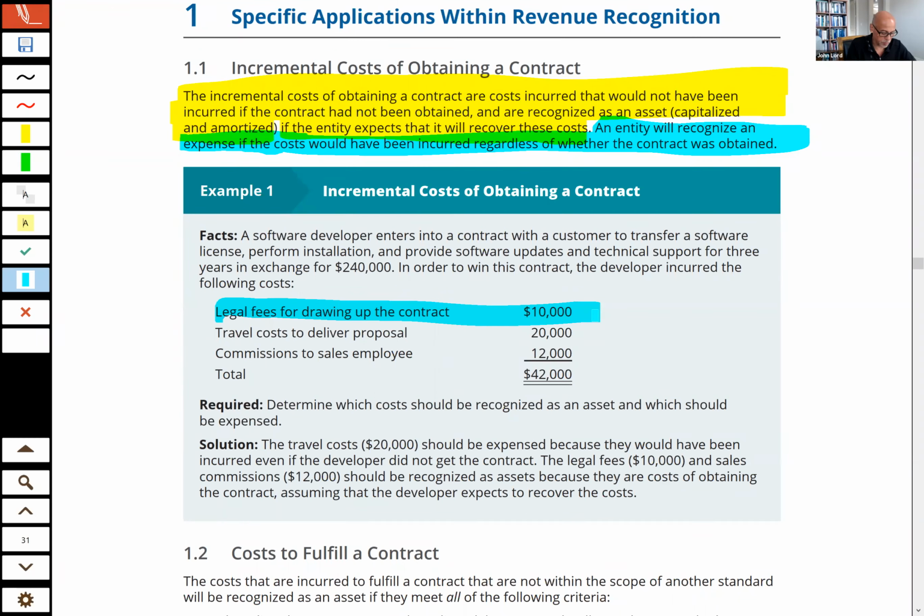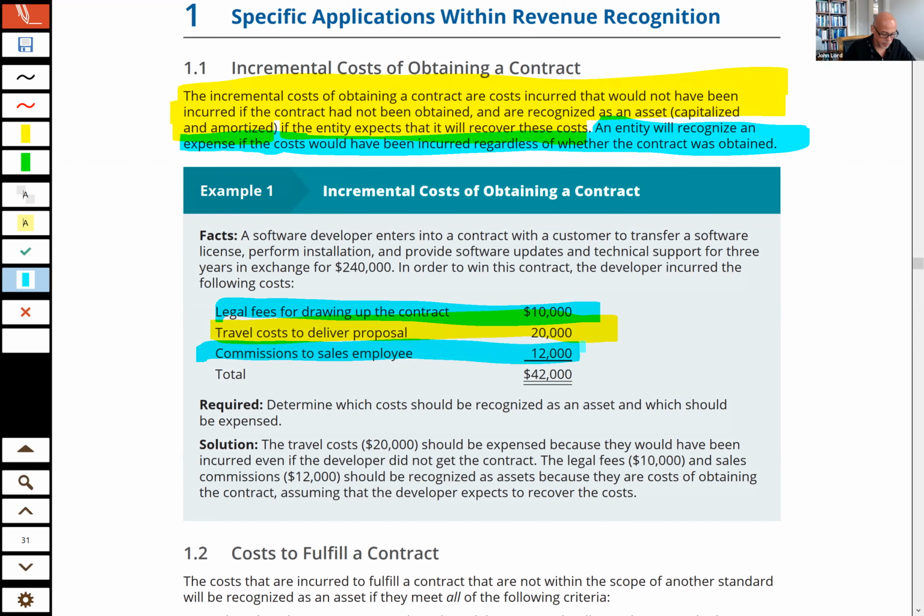So that's something that's probably going to be capitalized, right? Travel costs to deliver the proposal. Well, look, that's just a shot that you're taking, and that cost would be incurred whether or not the contract was actually completed. Commission to the sales employee, well, you're only going to pay that if you actually what? If you actually get the contract.